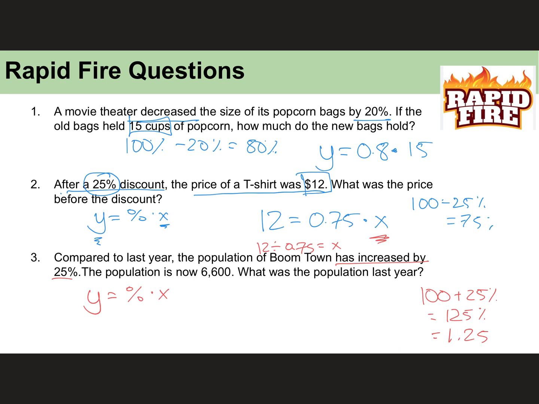So the population now is 6,600, and that's equal to 1.25 times the population before. Now to solve this question, I would just divide 6,600 by 1.25, and you would be able to find what x is.